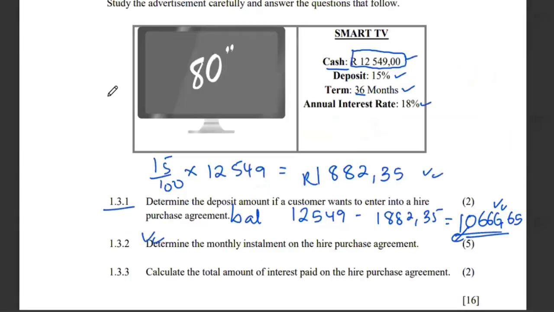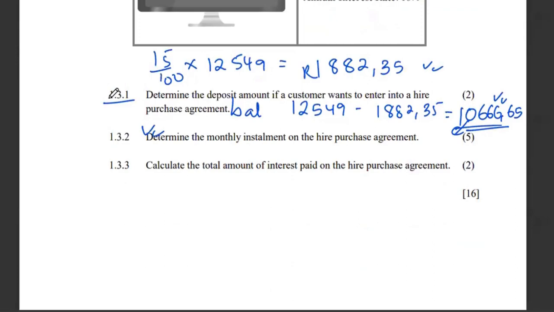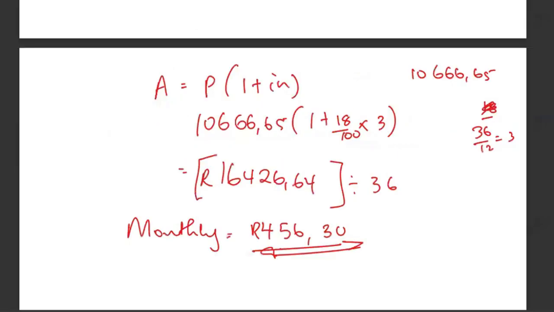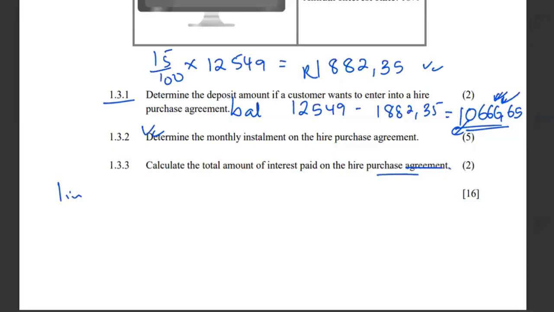And then 1.3.3, calculate the total amount of interest that will be paid on the hire purchase agreement. Now, this is the loan amount, and what are you paying? You're paying 16,426. Interest, remember, can also be calculated as the final value minus the loan amount.